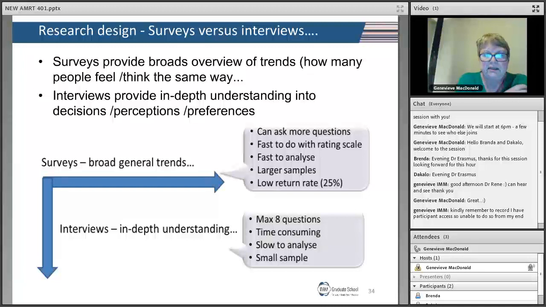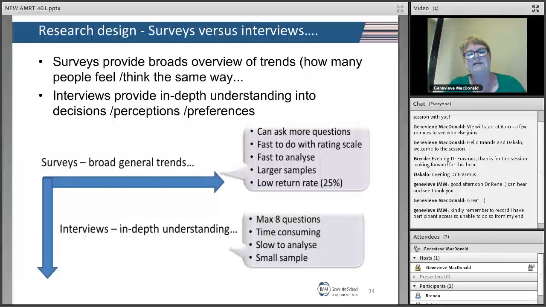Interviews and the focus groups, to a certain extent, provide in-depth understanding into why they think that way, why they feel that way, why they took that specific decision, or why they had that perception or preference for, say, a type of marketing intervention.